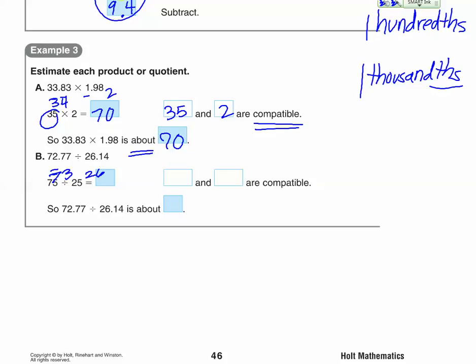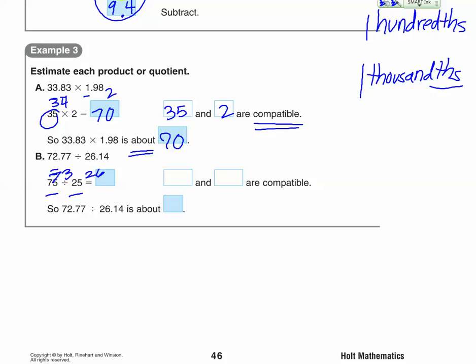I'm thinking not. Hopefully you are. Can you think of some close numbers to 73 or 26 that are easy? And right now in my head I'm thinking quarters, like 75 cents and 25 cents. So instead of rounding this to 73, we rounded it to 75 because that's an easy number to divide by, especially when you're dealing with 25 as a divisor.